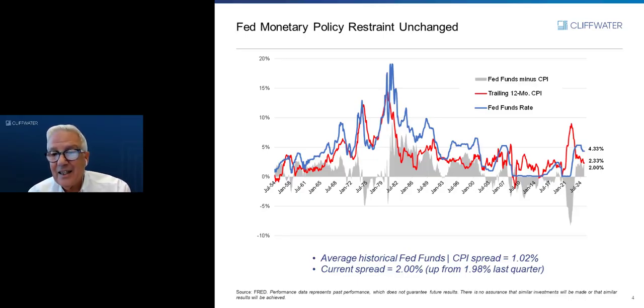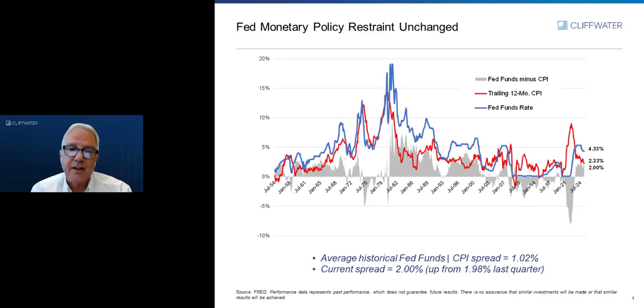Today, if you look at the far right-hand side, Fed funds at 4.33, trailing inflation at 2.33, the spread being 2%. Historically, that spread has been 1%. We consider that neutral.